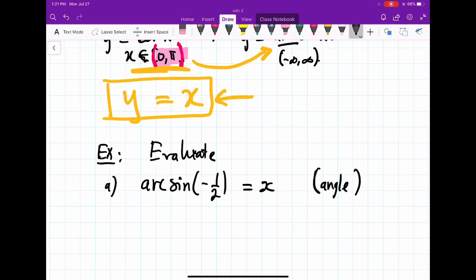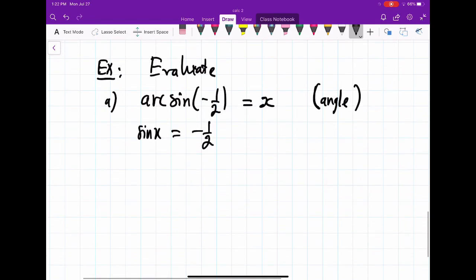So the angle will be measured in radians or in degrees, okay? So let's denote by x. That means sine of x equal to -1/2. You see this? So, for such a problem, if we use the unit circle, you can see the answer right away. Look at this.